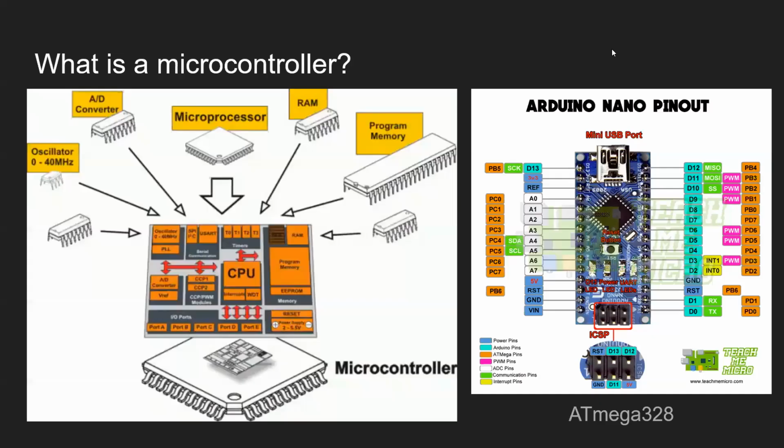Okay, what is a microcontroller? A microcontroller is an embedded, not as powerful, system on a chip. So it has all the components like a CPU, memory. It often has flash.